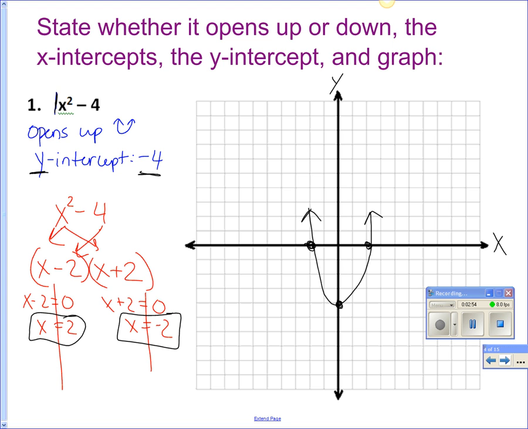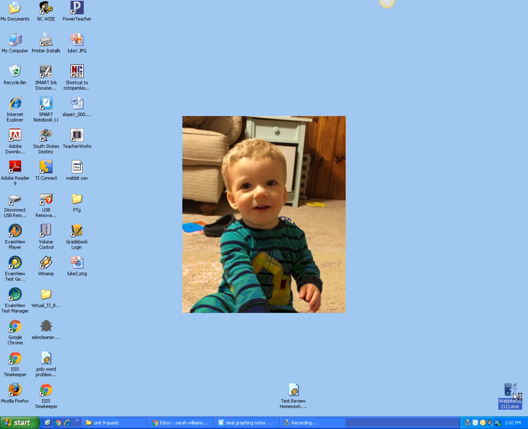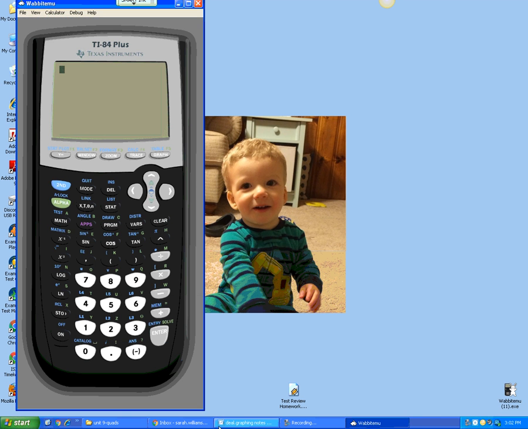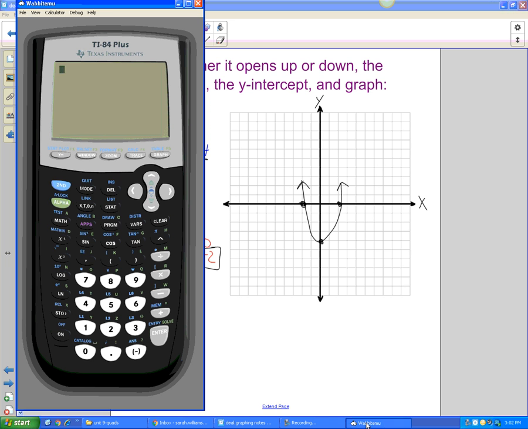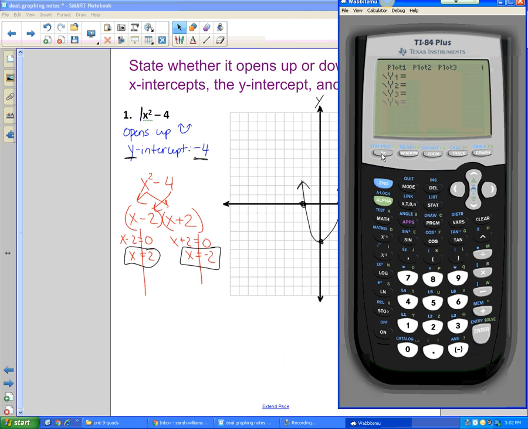All right, you can also put this in your calculator and graph it. So to put it in your calculator, you would hit the y equals button and you would type in x squared minus 4. I encourage you to do that now.